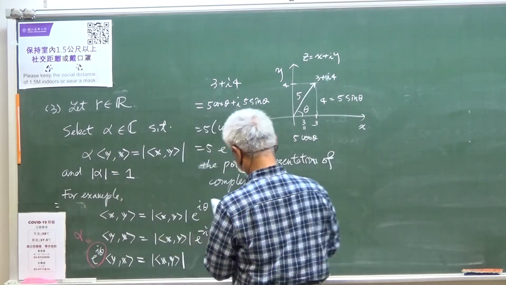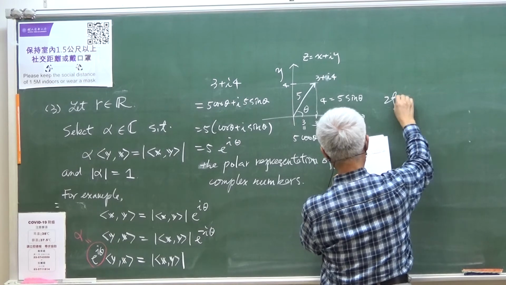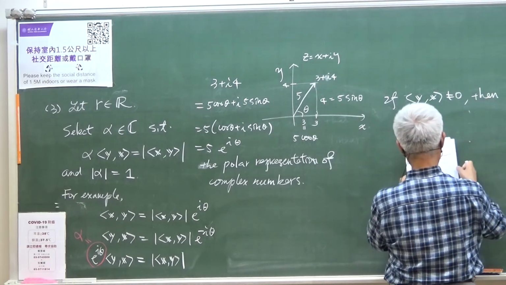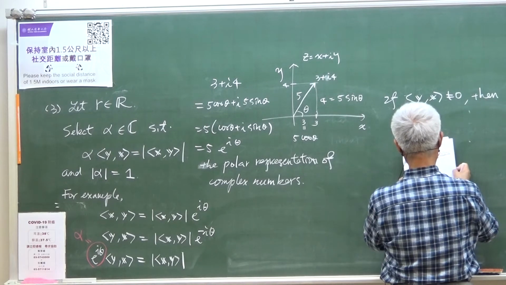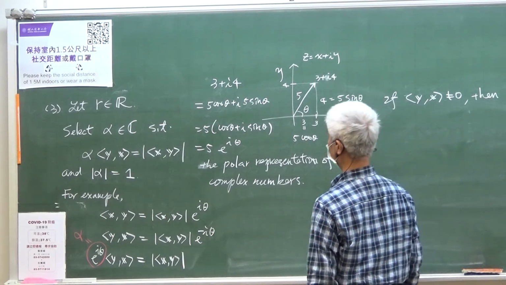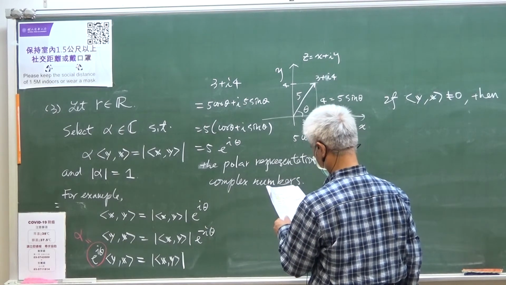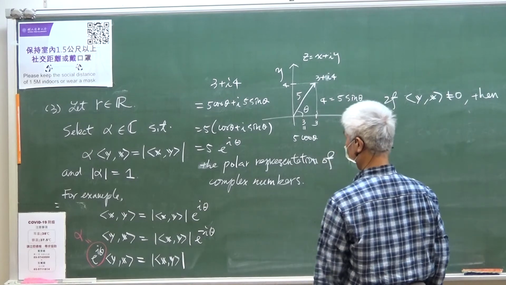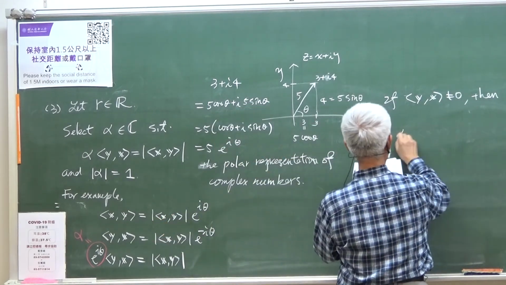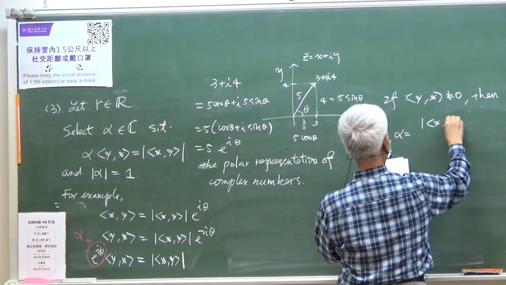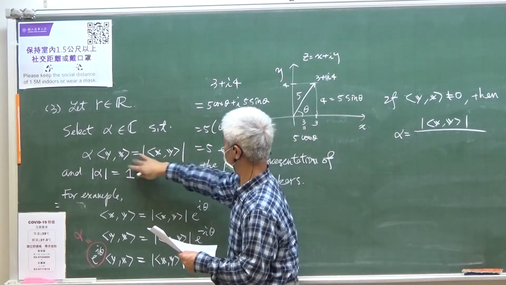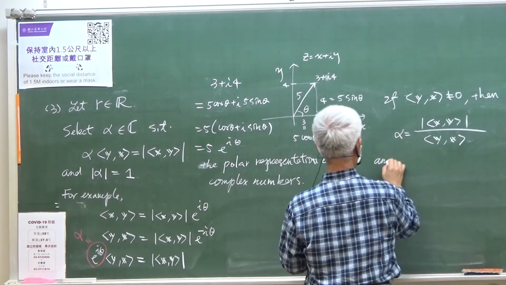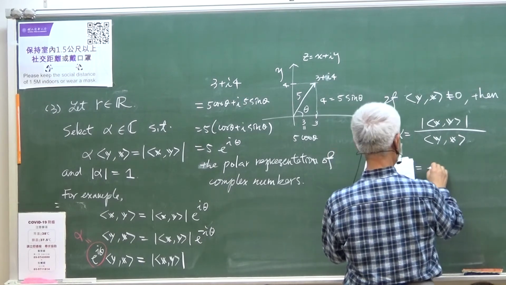So we can select alpha. Now, if the inner product is not equal to 0, then alpha is equal to this, so that you can move here, and the absolute value of alpha is equal to 1.